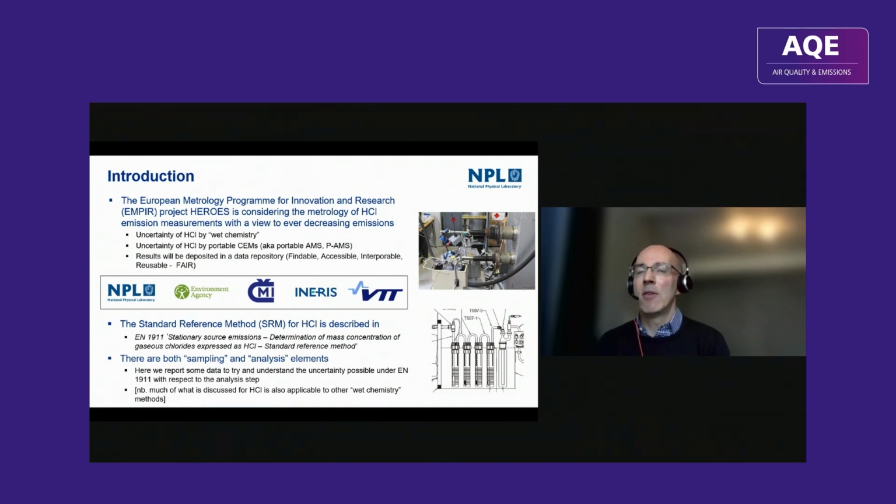And there are really two overarching areas of work under that project. One is looking at the uncertainty of HCl as measured by wet chemistry, so the standard reference method that we're all fairly familiar with. And the other overarching area is looking at HCl by what I guess we in the UK call portable SEMS, but elsewhere are called portable automated measuring systems, PAMS for short.